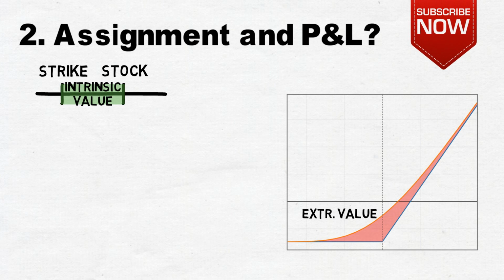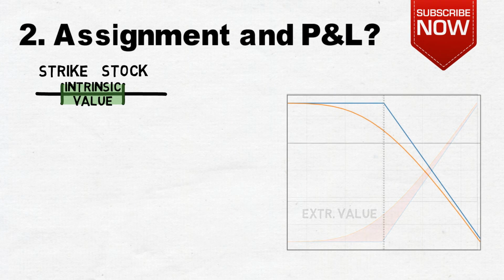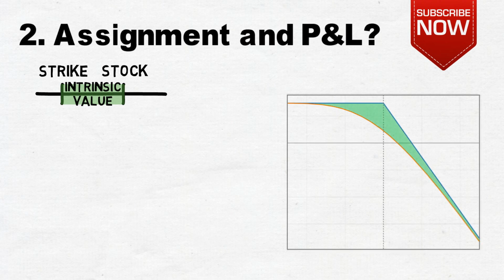This means that as soon as the option is exercised, it's only the intrinsic value that's relevant. This is the same P&L as the option has at its expiration date. So as an option seller, your P&L isn't negatively affected by an assignment. Either it stays the same or it becomes slightly better due to the extrinsic value being ignored.